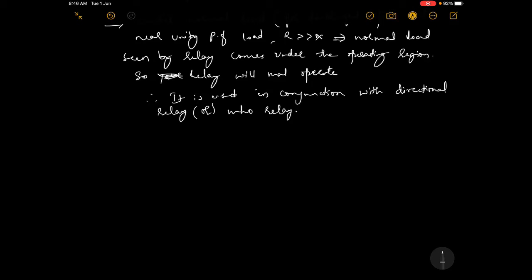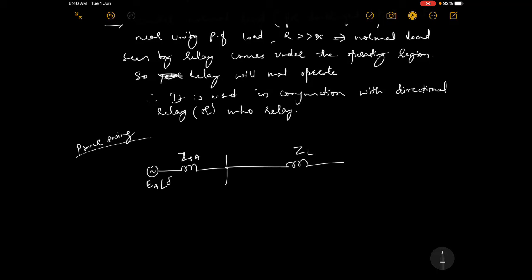Now we will see another operating condition, that is power swing. For power swing we had this diagram, you remember. This is ZSA, this is EA at an angle delta. This is the transmission line impedance ZL.